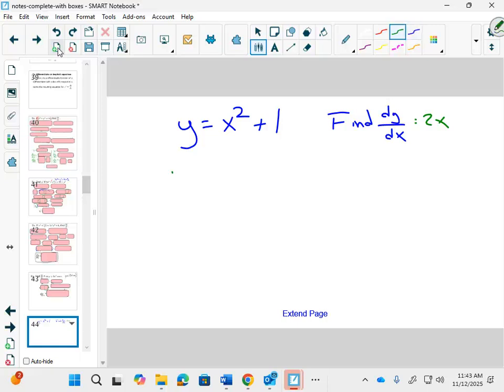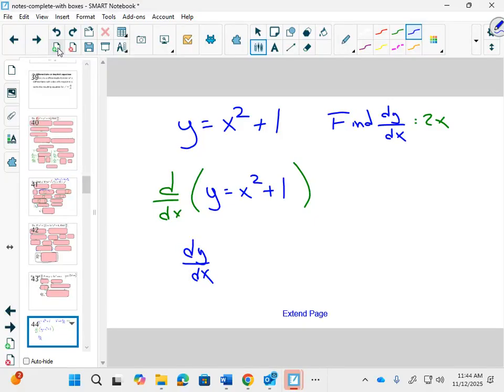I could take d dx of this whole thing. I could do the derivative of each one by itself. What is the derivative of y? The derivative of y is the derivative of y. It's dy dx. What's the derivative of x squared? It's 2x. What's the derivative of 0? It's 0. I get the same answer. But now I'm using implicit differentiation. Okay?